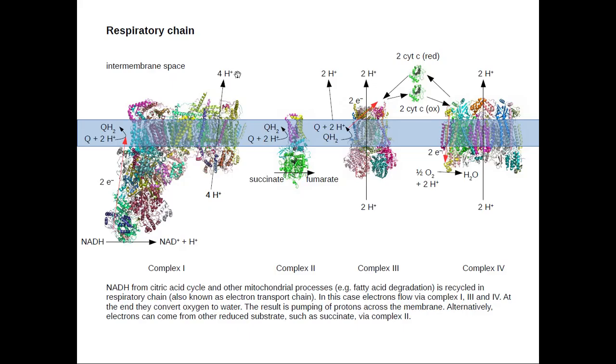So now the respiration chain, or electron transport chain, if you prefer this name. This is a process which takes place in erythrocytes. Not erythrocytes, definitely not in erythrocytes, in mitochondria, sorry.